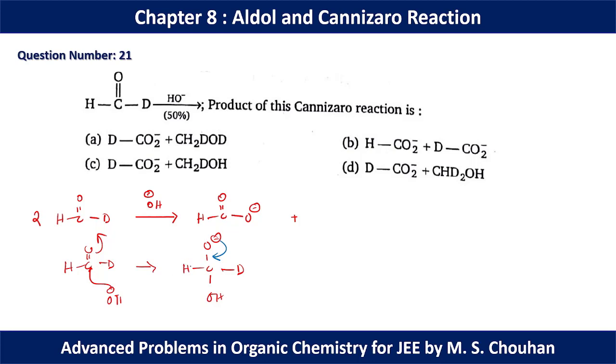We can remove H or we can remove D. As we know that the C-D bond is stronger than the C-H bond, it is easier to remove H as a hydride, and this hydride will be dissociated and added to this C double bond O to give the final CH2D O minus as the product, and after the aqueous workup obviously we are going to have alcohol. So for question number 21 option C should be the correct option.